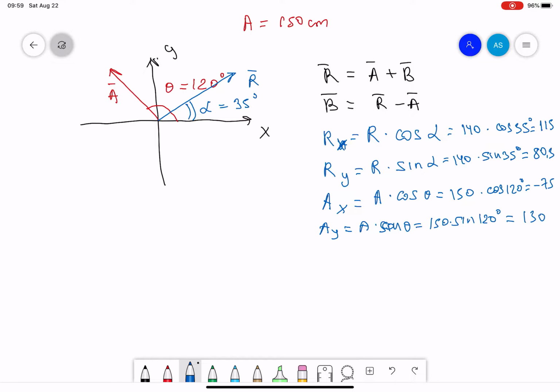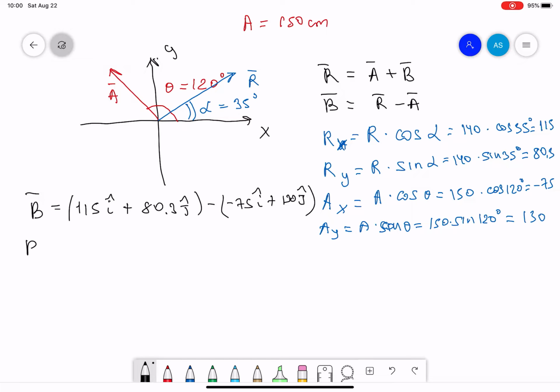Let's find now the B vector. B vector is equal to the R vector, in our case 115 I vector plus 80.3 J vector, minus our A vector, which is minus 75 I vector plus 130 J vector.